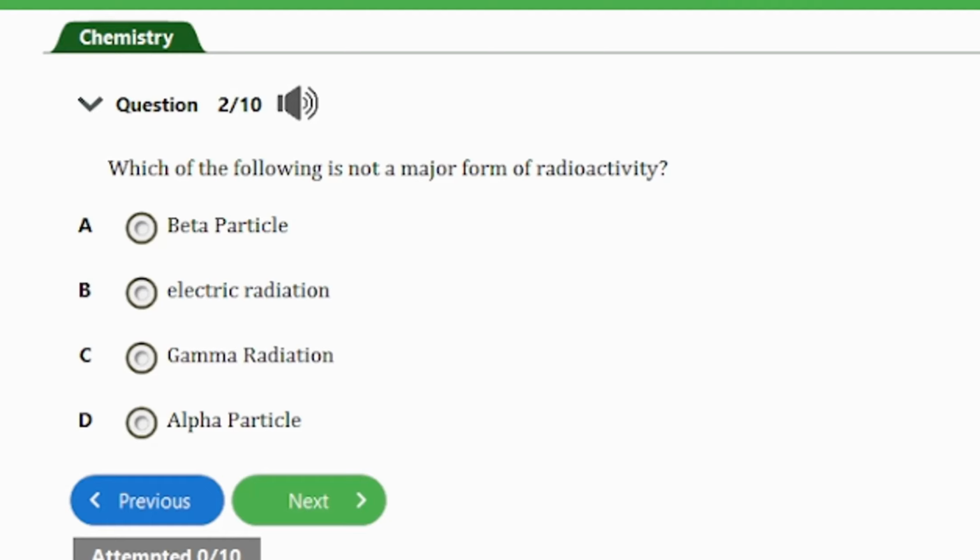That's because the major forms of radioactivity will include alpha particle, beta particle, gamma radiation. But guys, we even have positron emission and electron capture. But electric radiation is actually not a form of radioactivity. So that's the answer to this question.